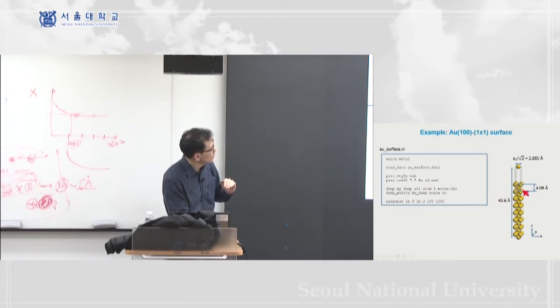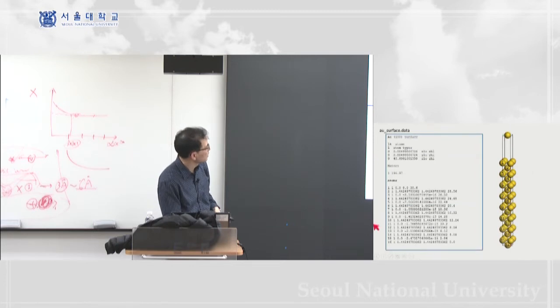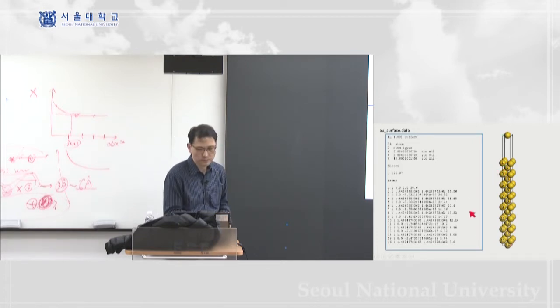The lattice parameter is 4.08 angstrom, and the surface lattice vector is 2.885 angstrom. And you can make the structure file like this, where each of these atoms corresponds to the atoms in here. You can see that it is periodically repeated along the lateral direction.